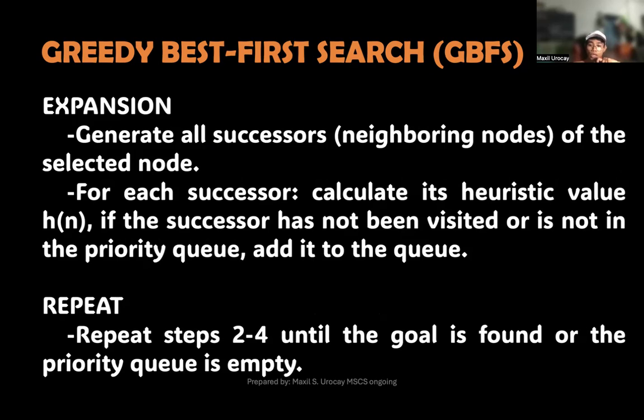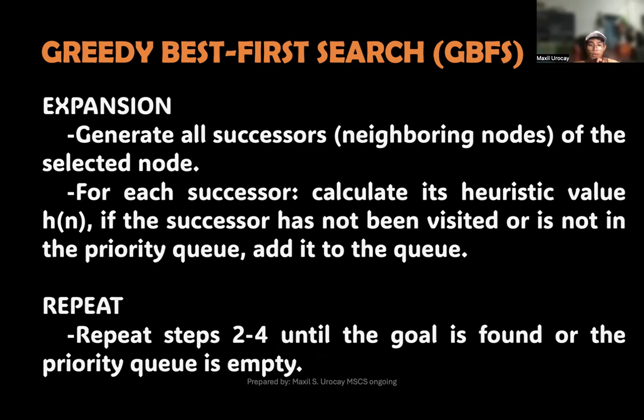For each successor, calculate its heuristic value h(n). If the successor has not been visited or is not in the priority queue, add it into the queue. Now repeat steps 2 to 4 until the goal is found or the priority queue is empty.